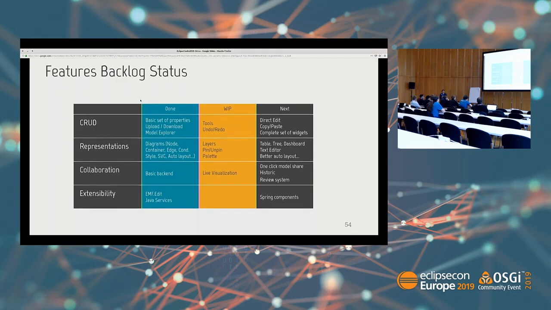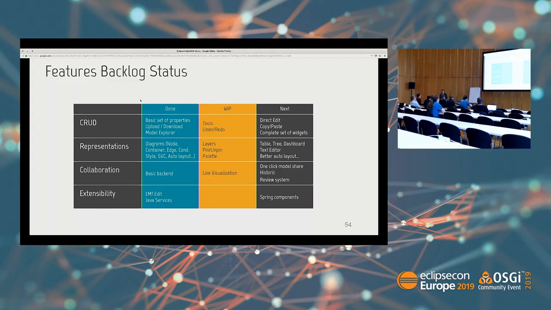We are working on supporting Sirius tools to be able to define also your own specific tools and not only the new child capability offered by EMF. And next, we will improve the global behavior by supporting undo, redo, direct edit from the diagram. And this will be possible, for example, because we are using Sprotty, and Sprotty with the new 0.7 version provides capabilities for direct edit.